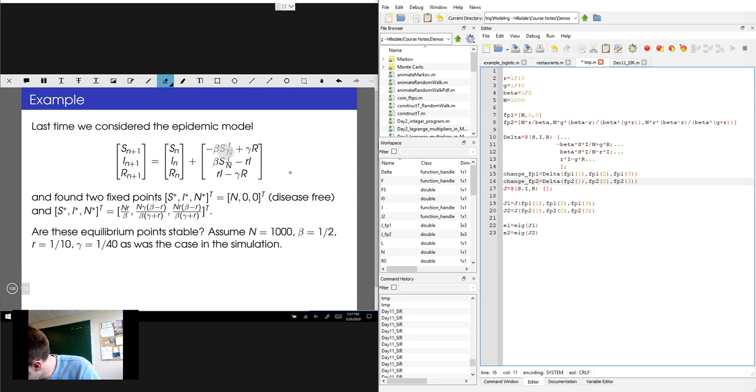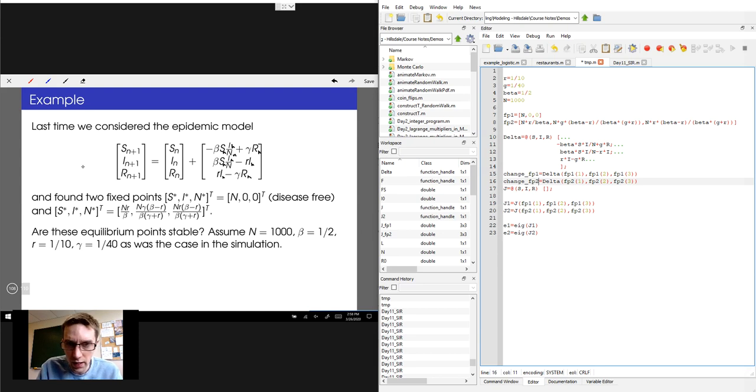So that should be S_n, I_n, N_n, R_n, and so on, since those are at time n. All right, that looks a little better. So that's the equation that we want to take a derivative of. And so we're going to take the derivative of the first row with respect to S, then I, then R, and then the same for the second and the third rows as well.